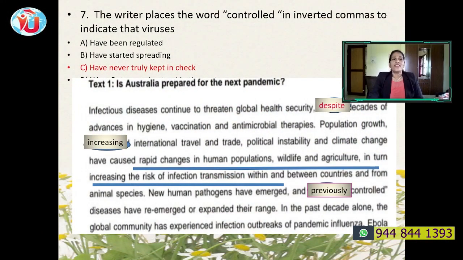The question is: the writer places the word 'controlled' in inverted commas to indicate that viruses. Now you need to find out the keywords in the question.